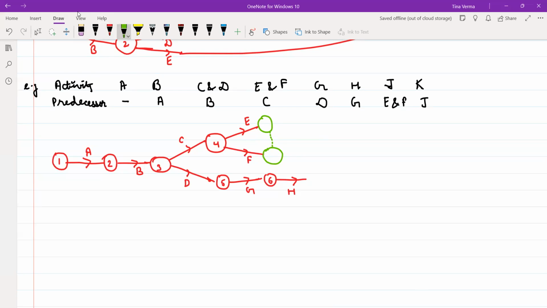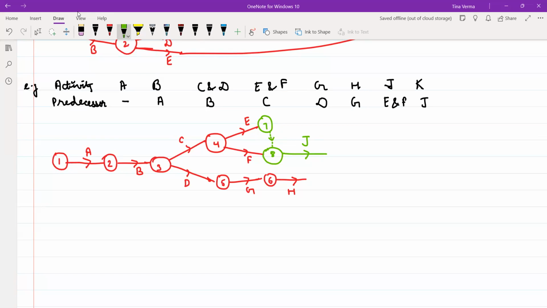So if I require only E in the further network, I have to consider this direction so that I can have E only, right? So in this you can take any direction and you have to start your activity J where E and F end.